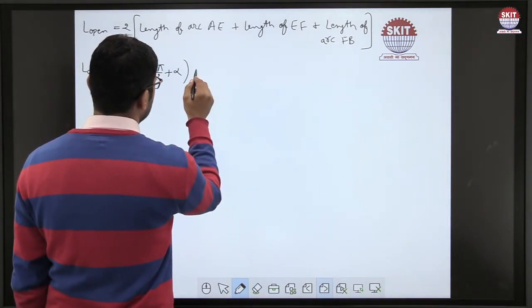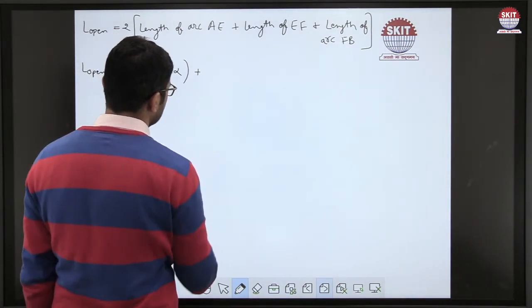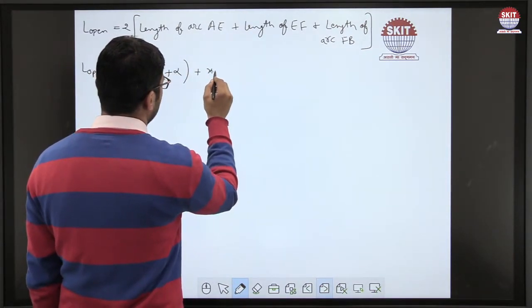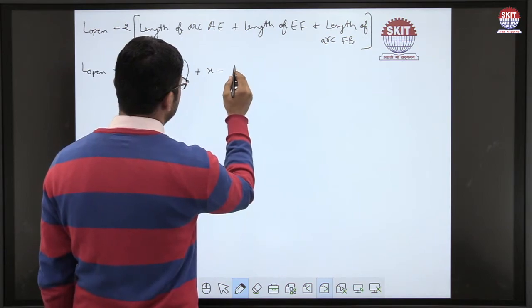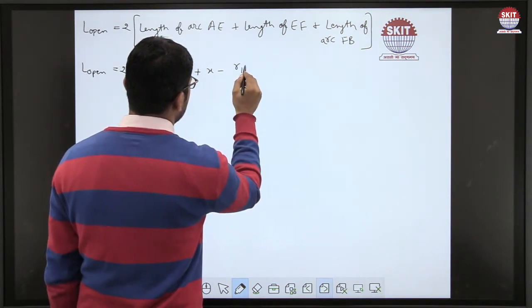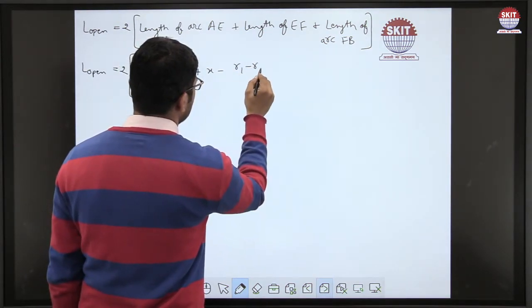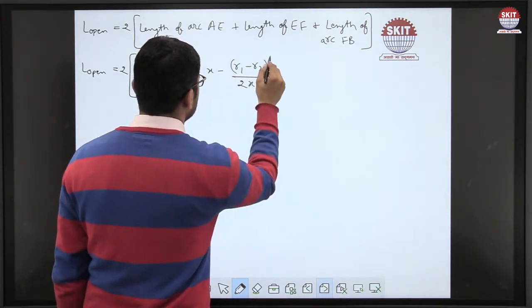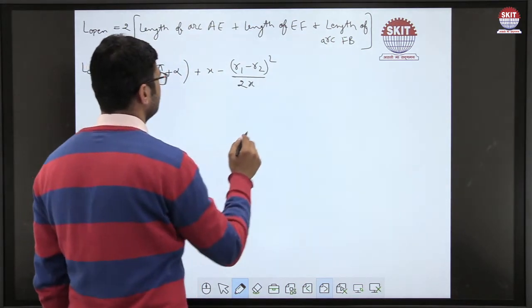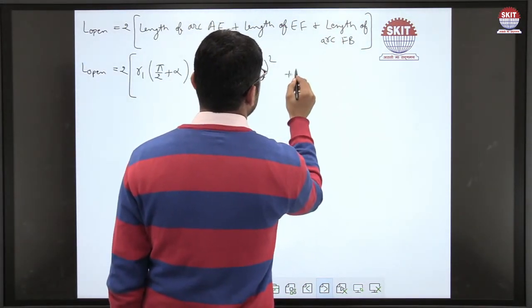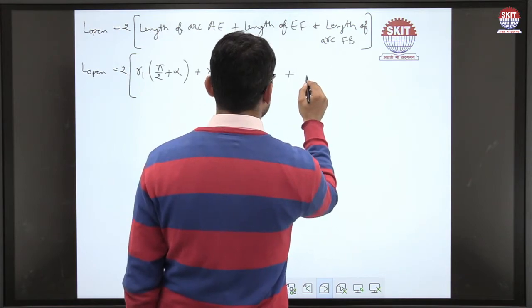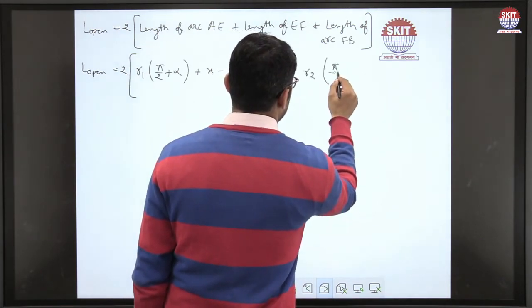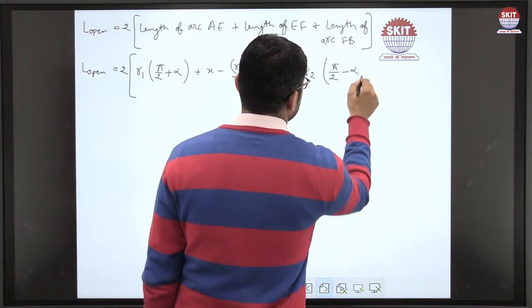Length of EF equal to plus x minus R1 minus R2 upon 2x square, and the length of arc FB is equal to R2 pi by 2 minus alpha.